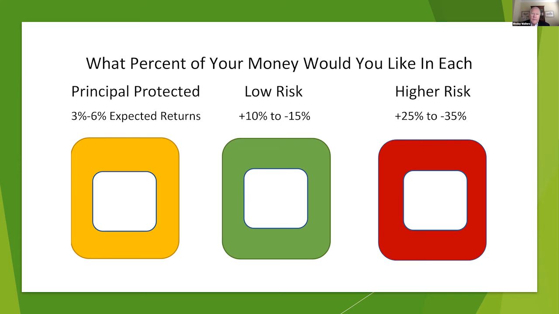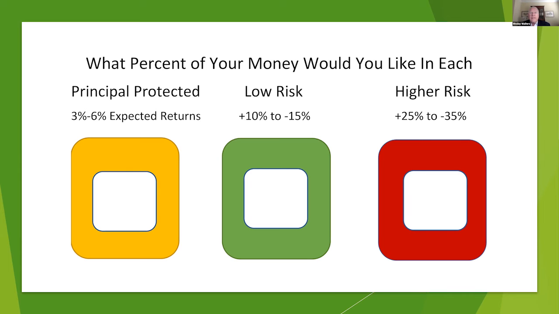So the yellow one has principal protection. And you can expect returns of 3 to 6%. Maybe less, maybe more, but your principal is going to be protected, and any gains that you make become protected principal.